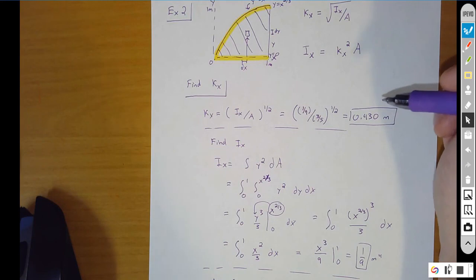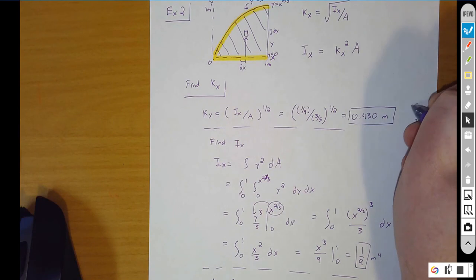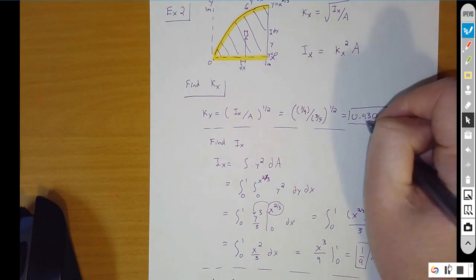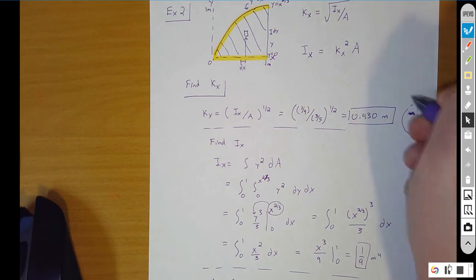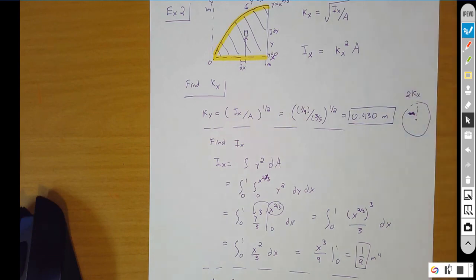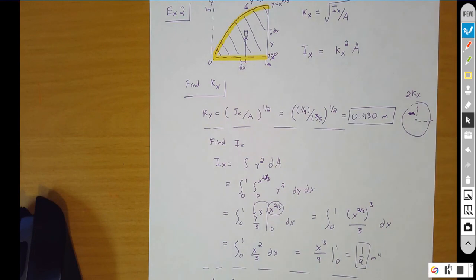If you wanted to turn it into a circle, so like say I wanted to have a circle of a certain radius that had the same value, this would basically be 2kx. 2kx, if you want to kind of visualize what it looks like. So a circle that has 2kx in area should have the same area moment of inertia about its center. So how hard would it be to bend about that x-axis?